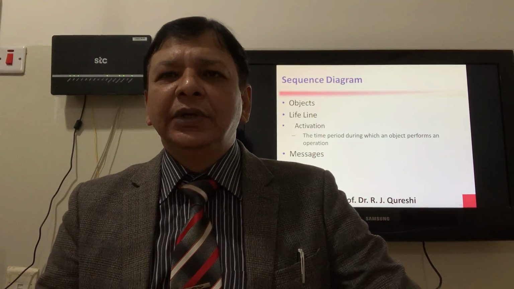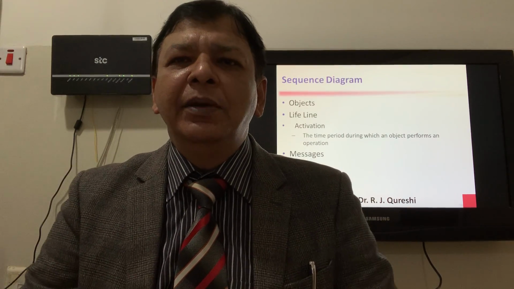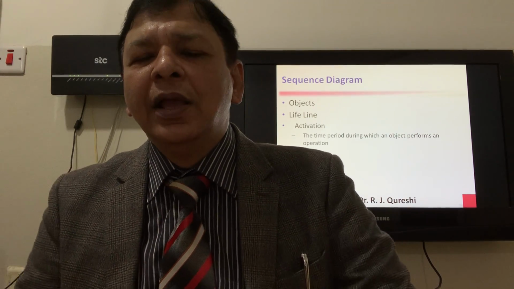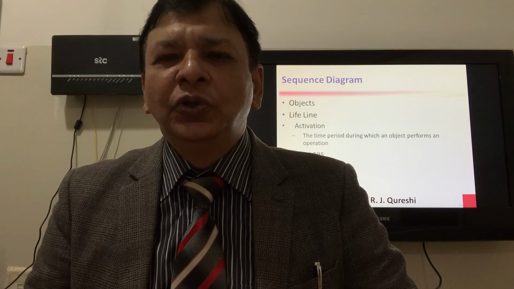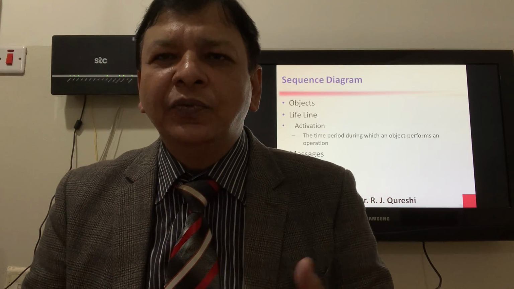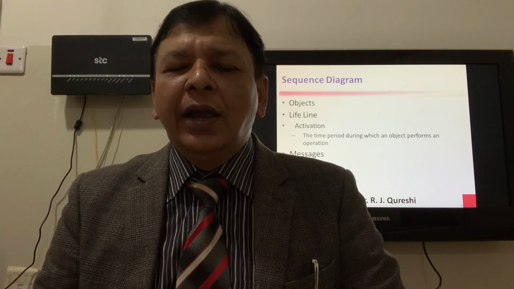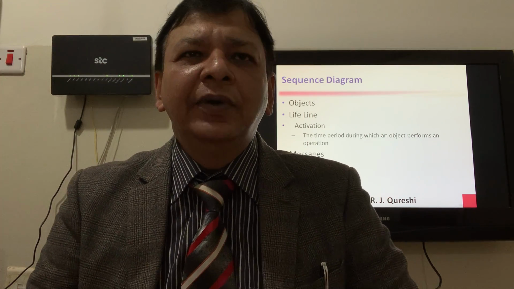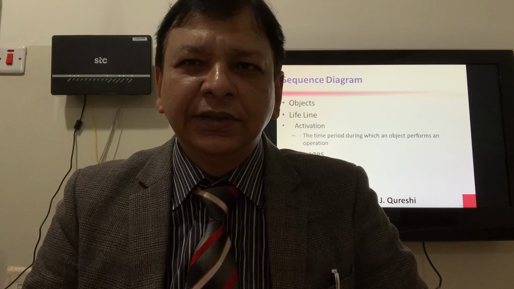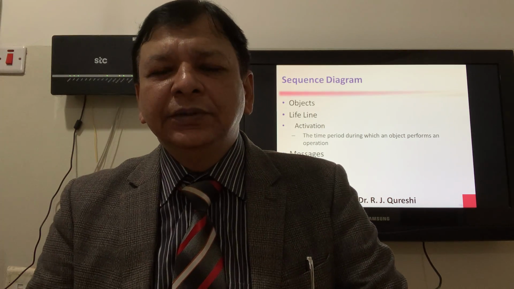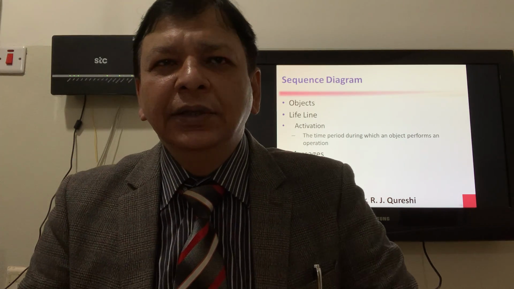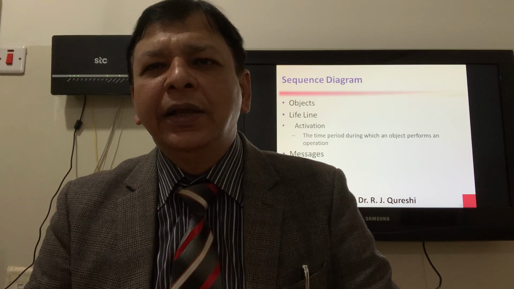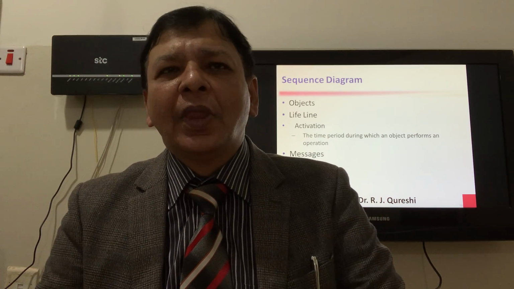Then you have the sequence diagram to show the dynamic aspects of the system. A sequence diagram shows how objects interact with each other. It has 3 components: we have objects, we have lifeline, and we have messages. Objects are on the horizontal axis, and the timeline is the vertical axis.